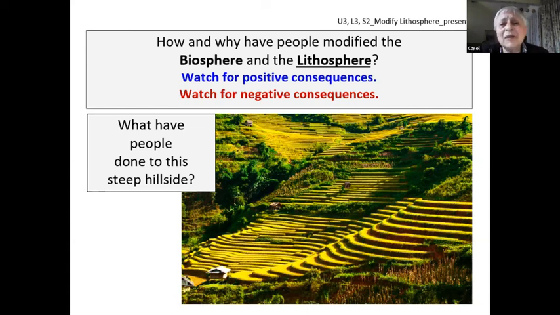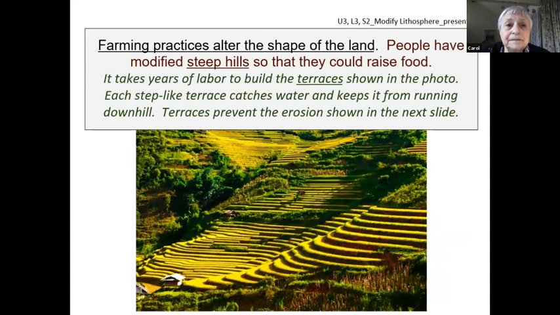And there are some absolutely wonderful positive consequences. This is just the most beautiful picture of what people have done to this hillside in Asia. What was steep, they built terrace steps so that they can grow crops on a place that would be very hard to grow crops.